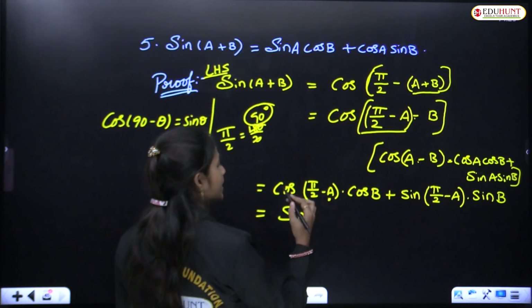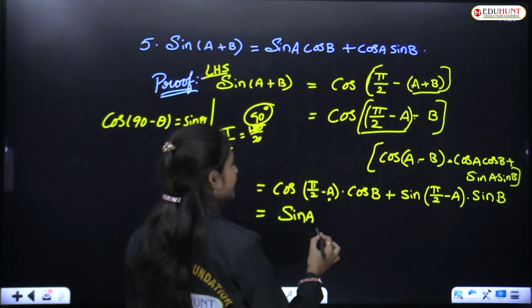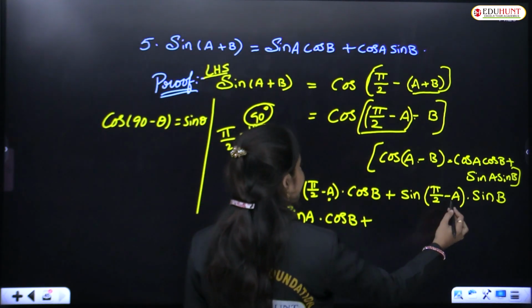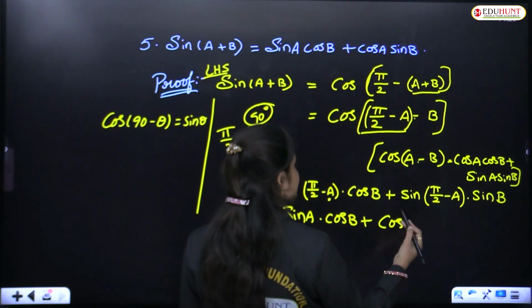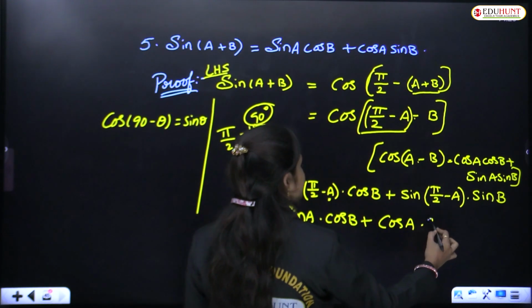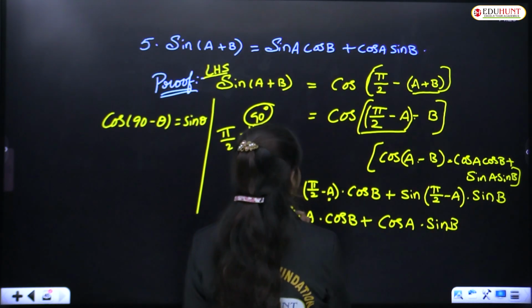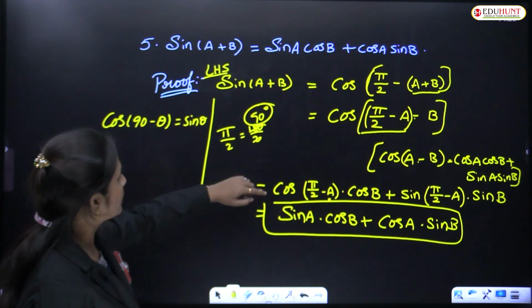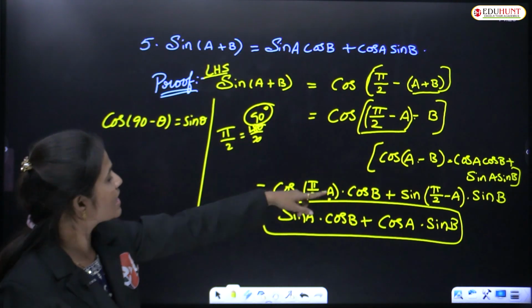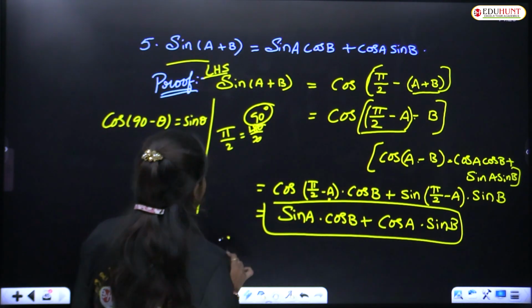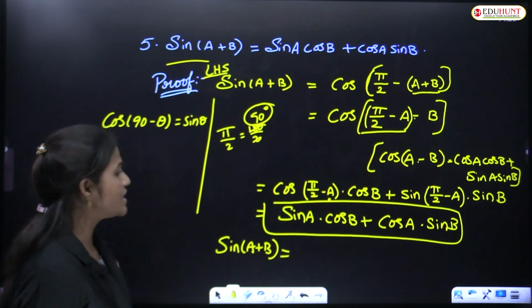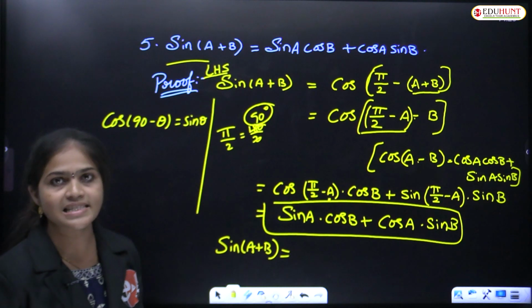So at the place of theta here we have A. So sin A cos B plus, this is in the form of sin 90 minus theta, so sin changes to cos: cos A sin B. That's it. Hence it is proved. Same formula we got here. See that, sin A cos B plus cos A sin B. That is the formula for sin of A plus B. Sin of A plus B is equal to sin A cos B plus cos A sin B.